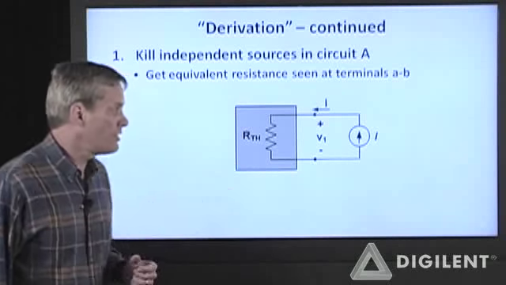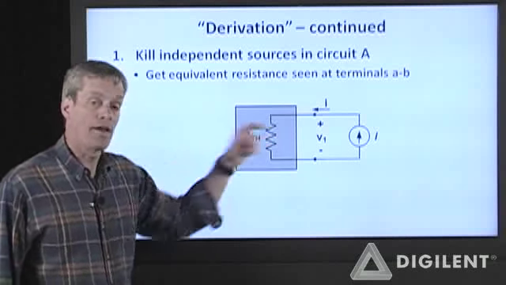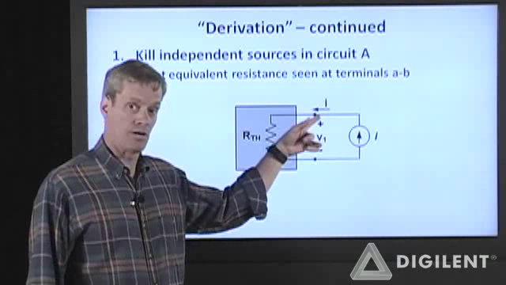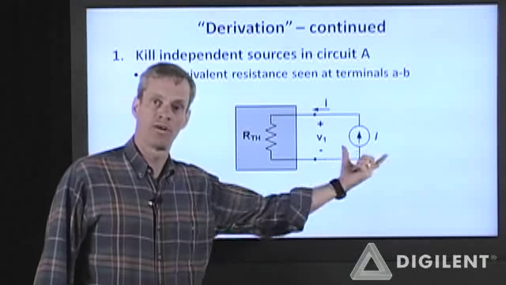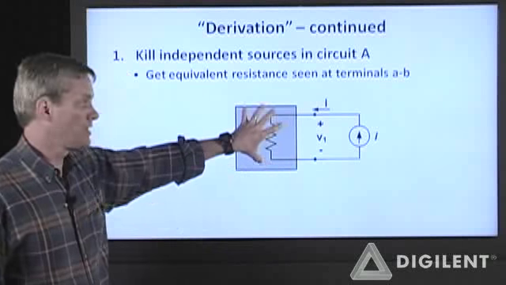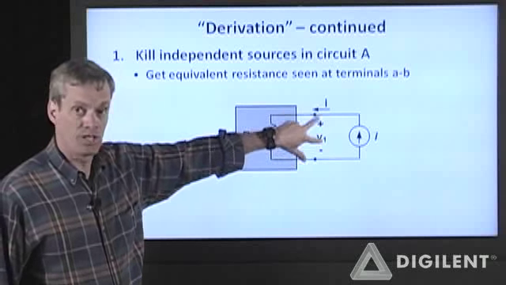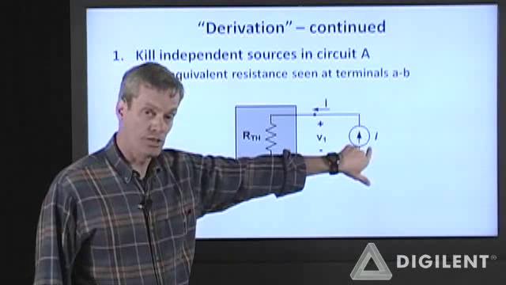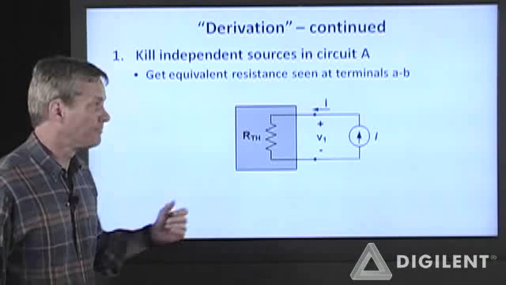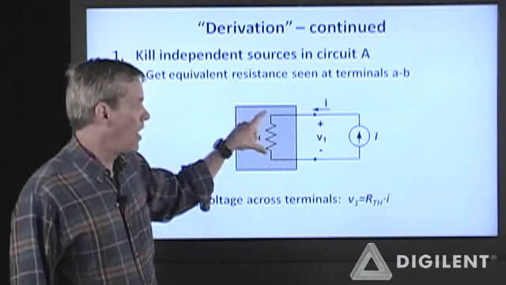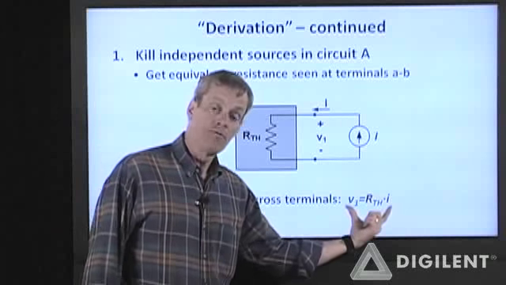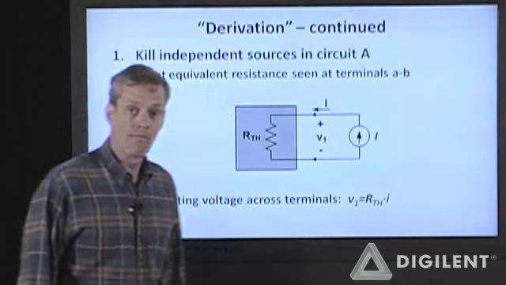So our voltage current characteristics here, V1, remember that the total voltage here in superposition is the sum of the individual voltages from the various sources. We've killed these sources. This voltage is now the terminal voltage, which is only due to the sources in circuit B. So V1 is simply RTH times I via Ohm's law.